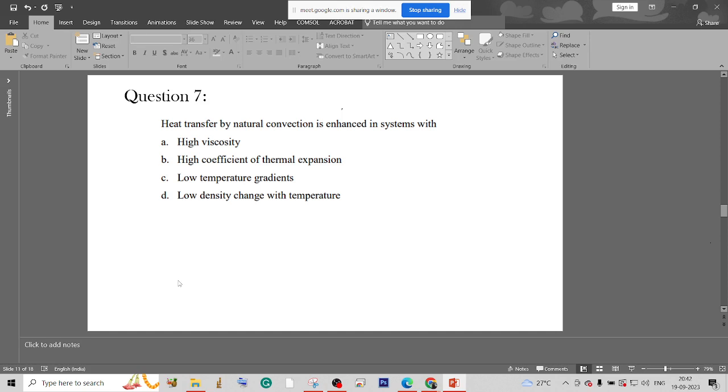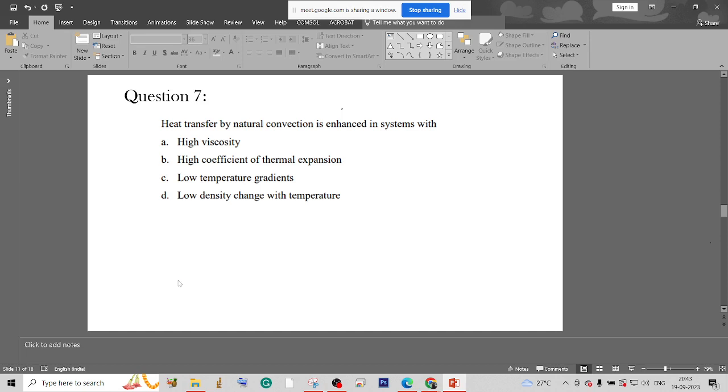For natural convection, Grashof's number is g beta (Ts minus T infinity) Lc cubed upon nu squared. Lc is the characteristic length, nu is the kinematic viscosity, Ts minus T infinity is the temperature difference, Ts is the temperature of the surface, T infinity is the temperature of the ambient, beta is the thermal expansion coefficient, and g is the acceleration due to gravity.